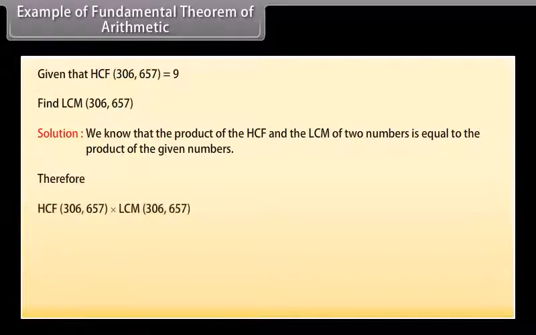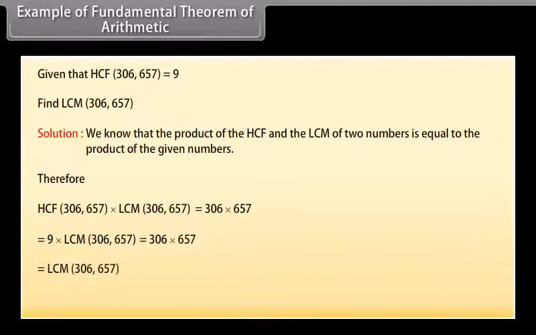Therefore, HCF(306, 657) into LCM(306, 657) is equal to 306 into 657, which is 9 into LCM(306, 657). So LCM(306, 657) equals 306 into 657 upon 9. LCM is equal to 22,338.